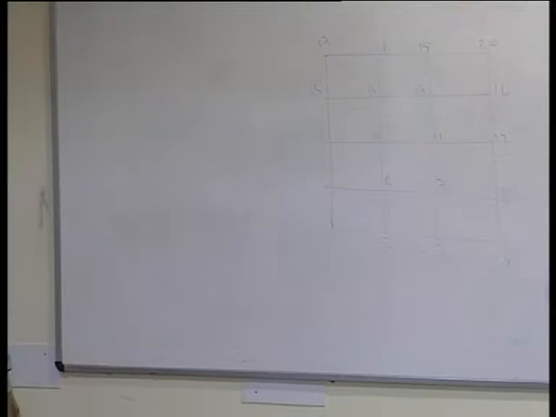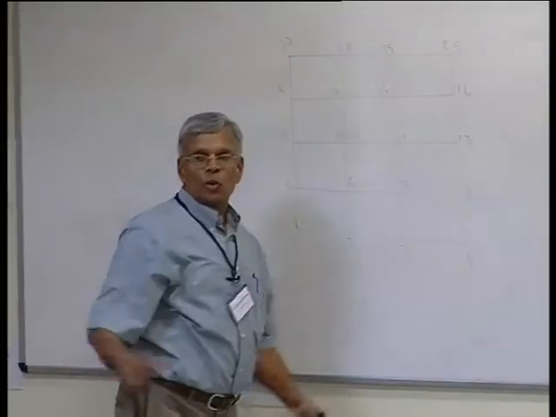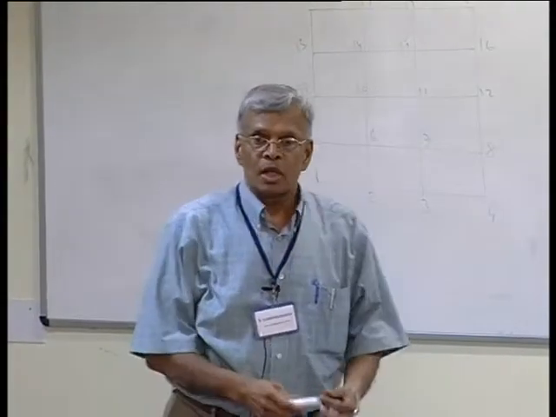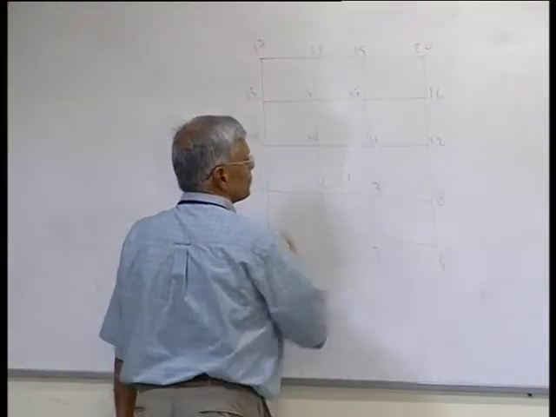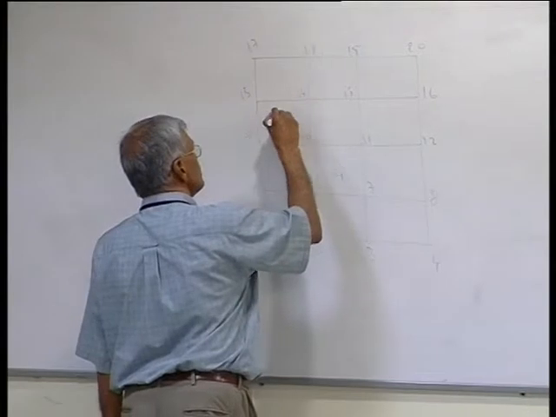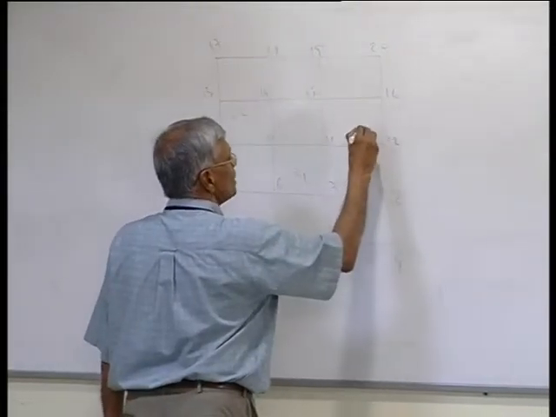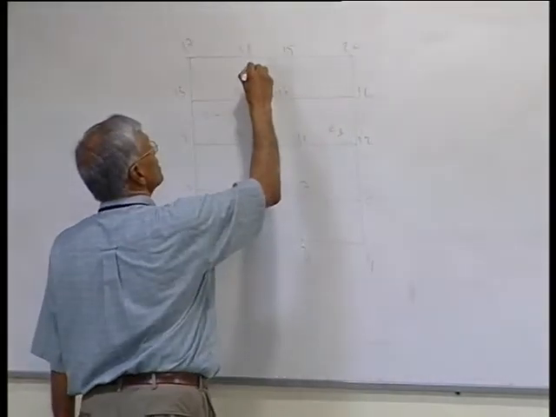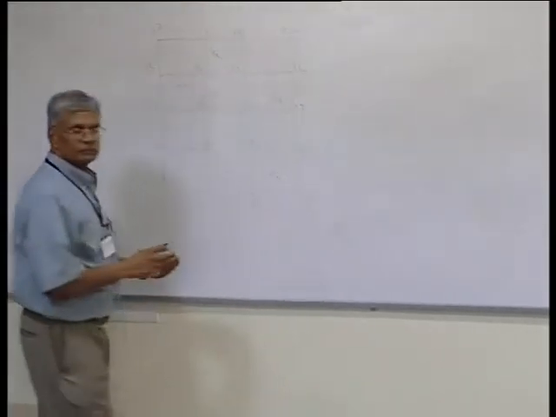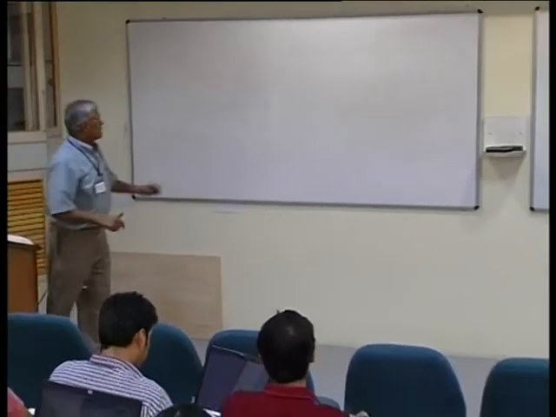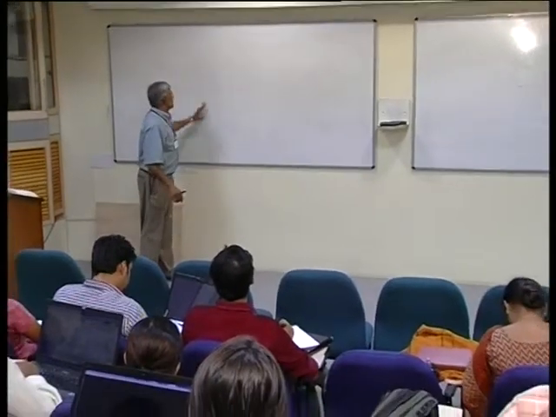Let us assume this is part of Yelaganka, a square domain around the bus stand in Yelaganka. I have measured the temperature, say Z1, Z2, Z3, Z4, and Z5. I have measured temperature at 5 locations which are distributed like this.